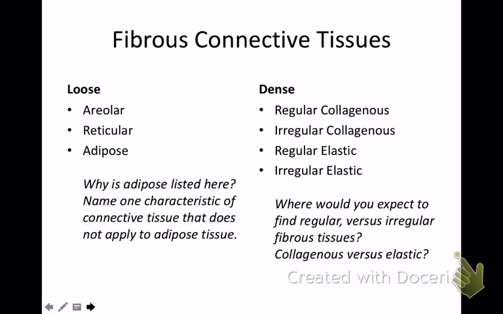So if I have a regular connective tissue, this is the one you saw in lab, so tell me what you know about the fibers in a regular dense connective tissue. What do they look like? They have a pattern. Okay, what kind of a pattern? They go the same way. They all go the same way. And in the one you saw in lab, they tended to be kind of wavy, right?